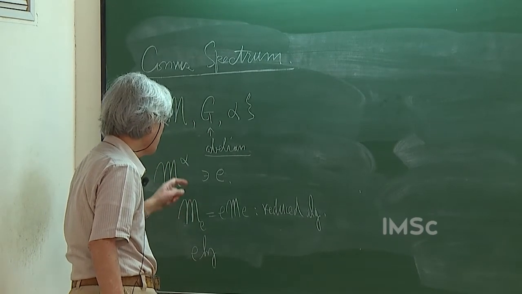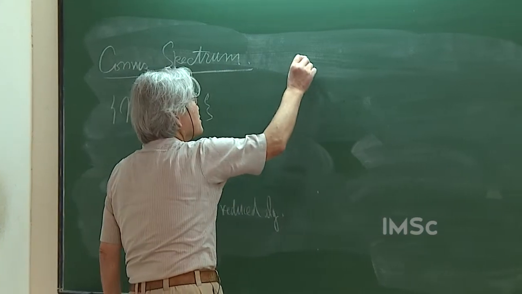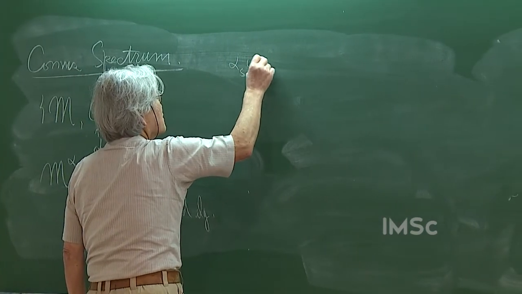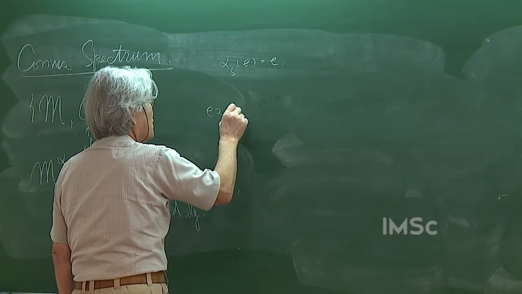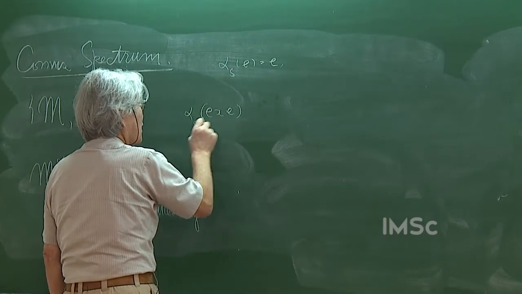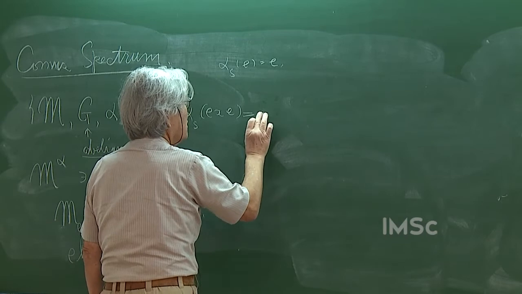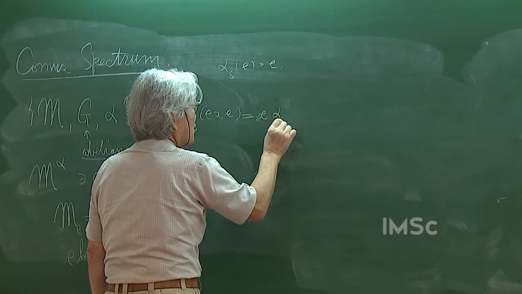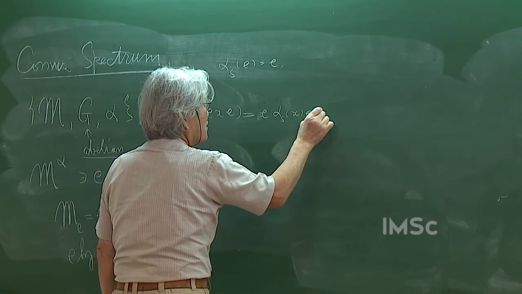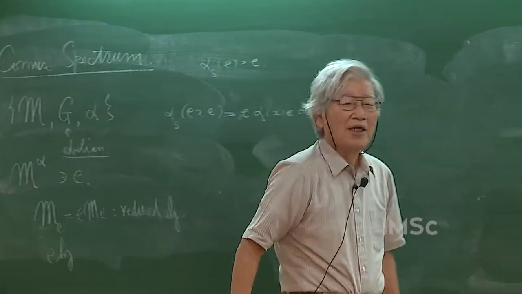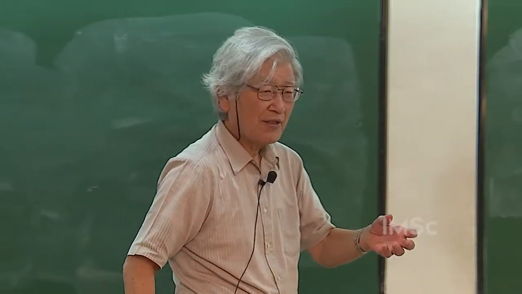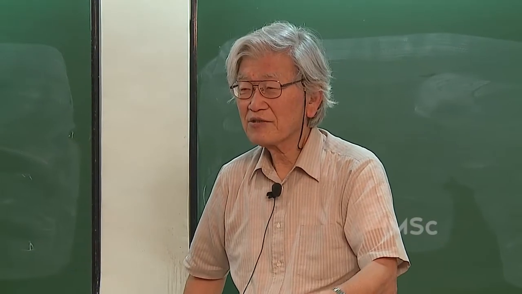Now, if alpha_s of E equals E, then E x E alpha_s equals E alpha_s of x E, which belongs to M_E. So the reduced von Neumann algebra M_E is globally invariant under alpha.